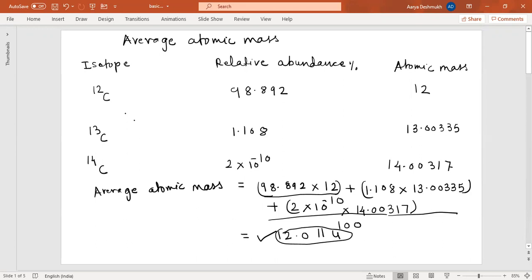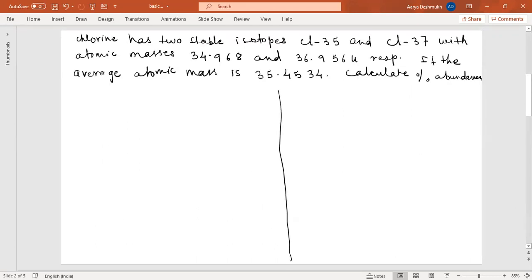Now next you can solve, if the isotopes are given and their masses are given, how will you calculate the percentage abundance or the relative abundance of those? Now here is the example, that is chlorine has two stable isotopes, Cl35 and Cl37, with atomic masses.